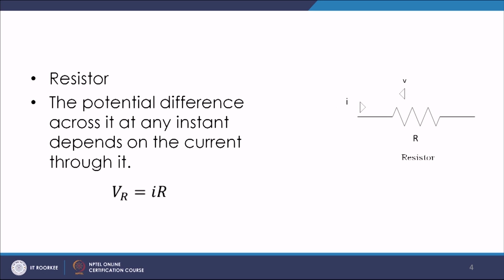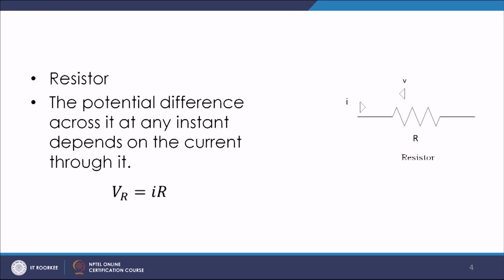This relationship all of us know, the very popular Ohm's law. The voltage across the resistor, VR, is I into R, proportional to the current through it, and here R is the resistance of the resistor.